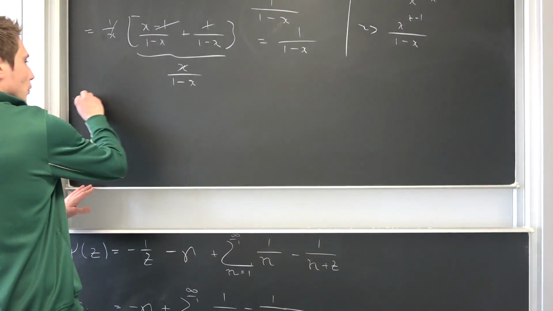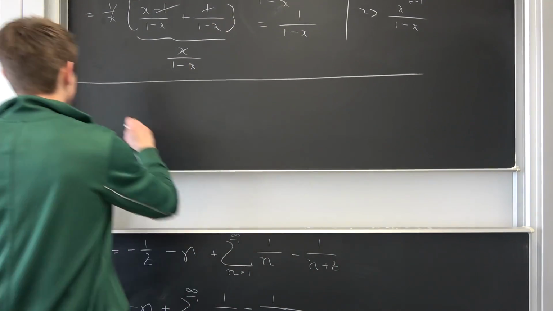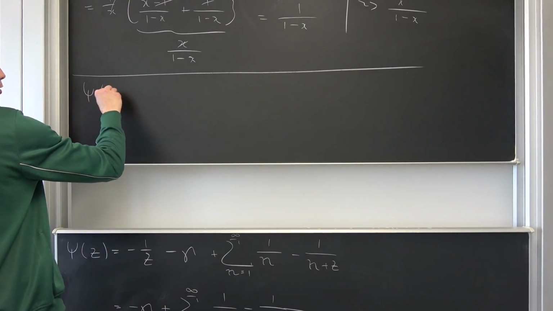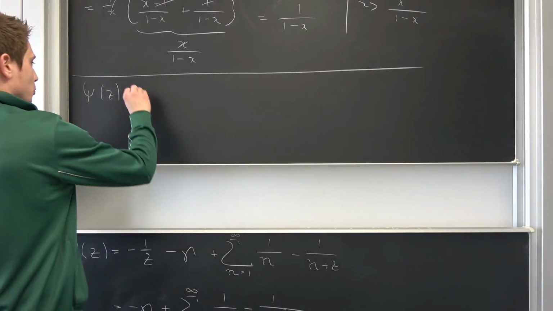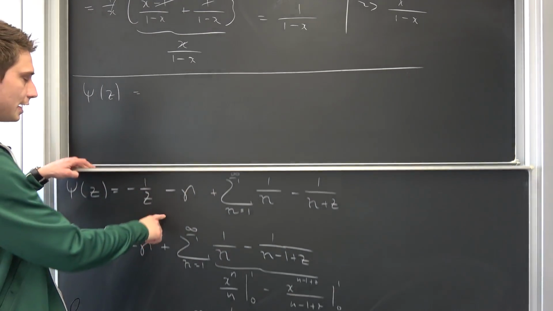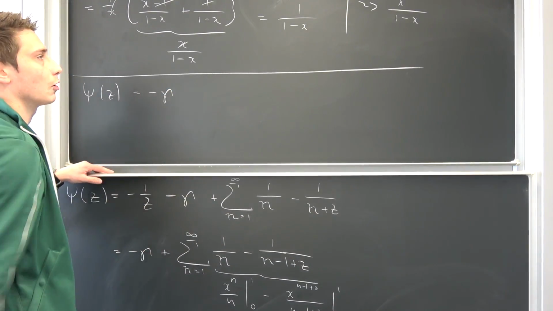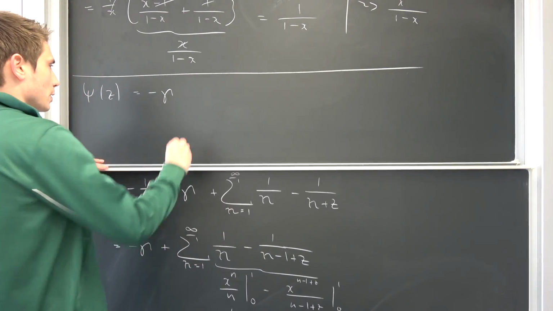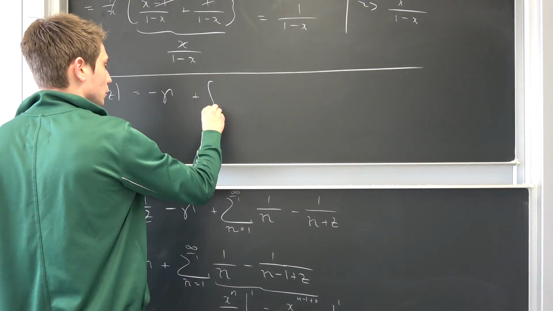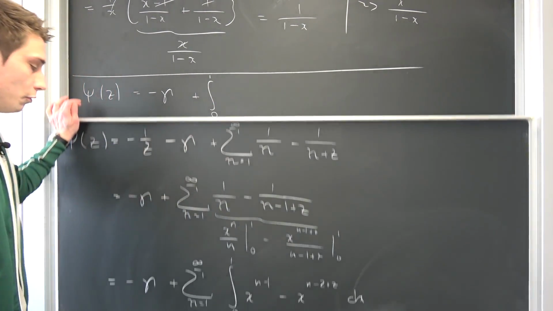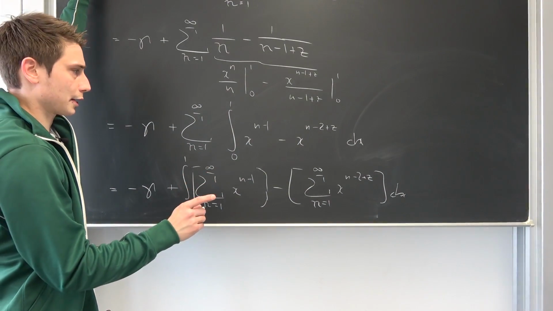So overall, our Polygamma function that we cherish and love can be expressed as nothing but negative gamma, as always the Euler-Mascheroni constant, plus an integral from 0 to 1 of, what are we actually going to get?